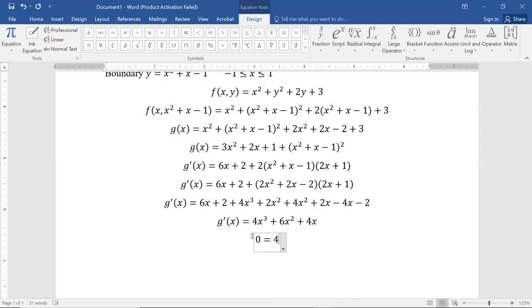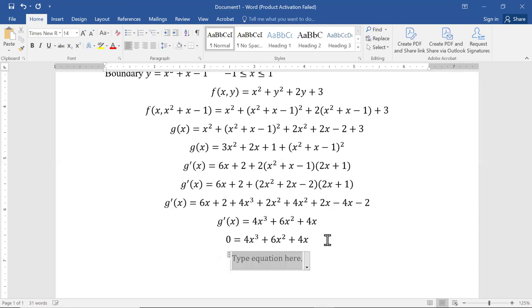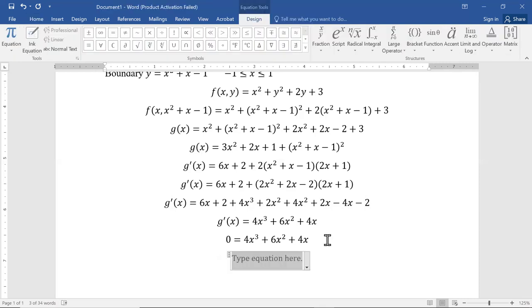When does 4x to the third plus 6x squared plus 4x give you 0? There's going to be a few values for x we can check. The way I would solve this is I would factor out 2x to begin with, and I'd get 2x squared plus 3x plus 2.